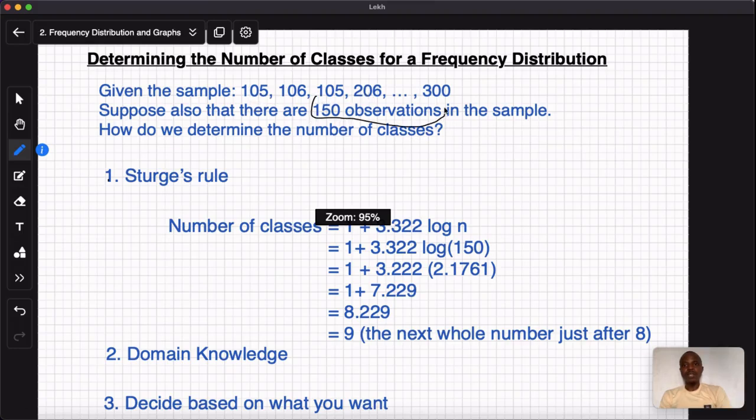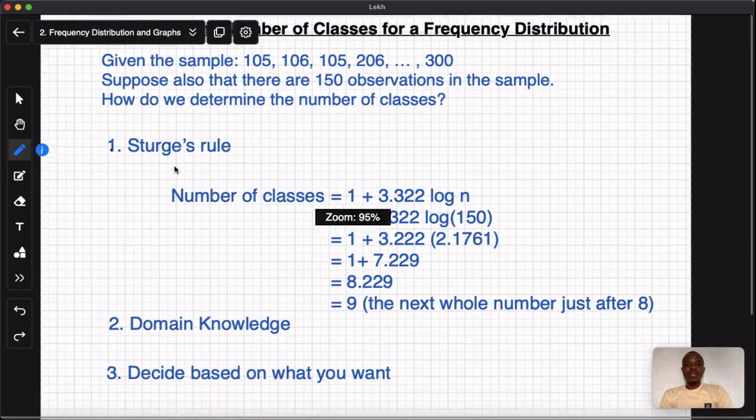I've not listed everything, I've only listed five of them, but the dots show that there are many more values that will not display. Assuming we have 150 of them, how do we determine the number of classes? I'm assuming that the minimum value is 105, and the maximum value is 300.